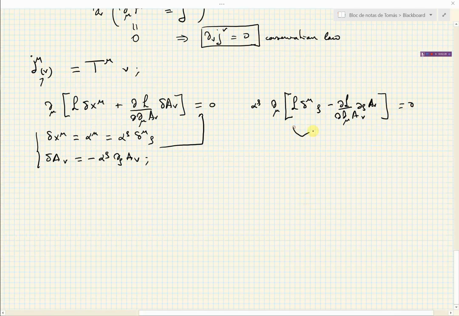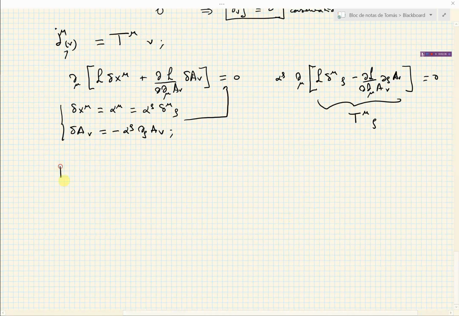So this is T^mu_rho for the electromagnetic field. Let me write it here.